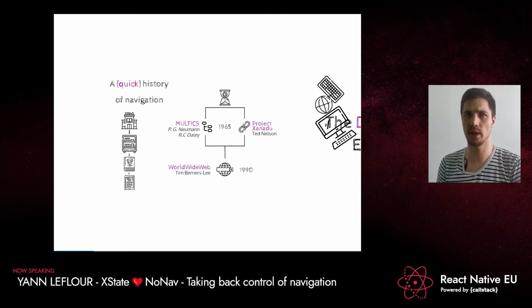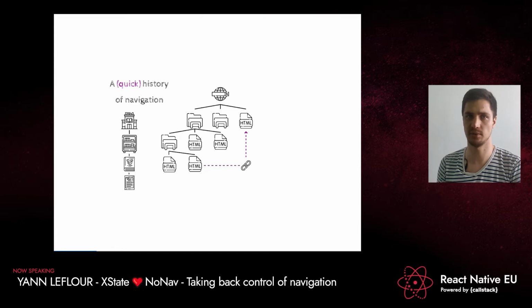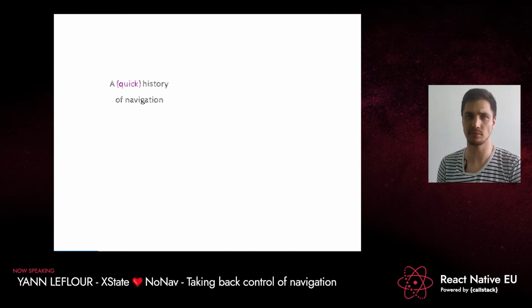So, when the first web browser was released in 1990 by Tim Berners-Lee, it ended up relying on the same file system structure and used hyperlinks to navigate between them. It also stored the page's history through a navigation stack. So to sum that up, we've got the browser, which displays a page.